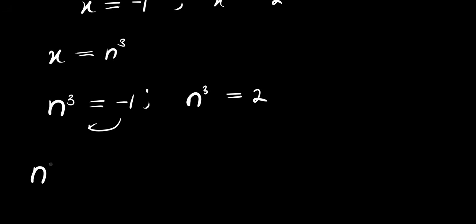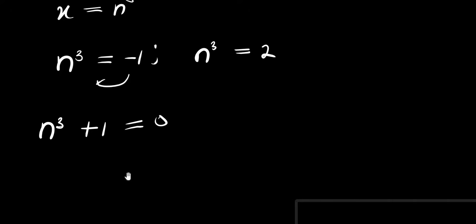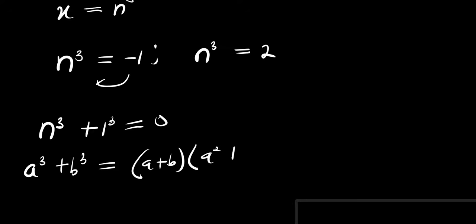I have n power 3 plus 1 equals 0. So to solve for n, I can raise this to the power of 3. 1 power 3 is the same as 1. Remember, if you have a power 3 plus b power 3, this is a plus b times a squared minus ab plus b power 2.